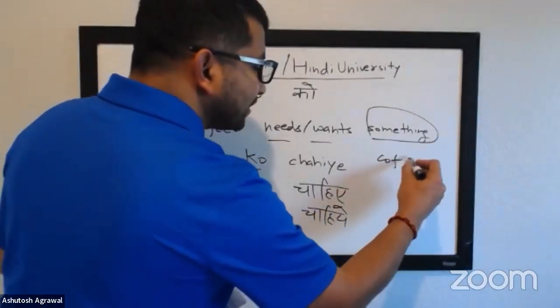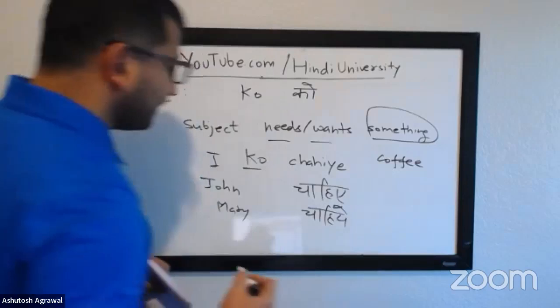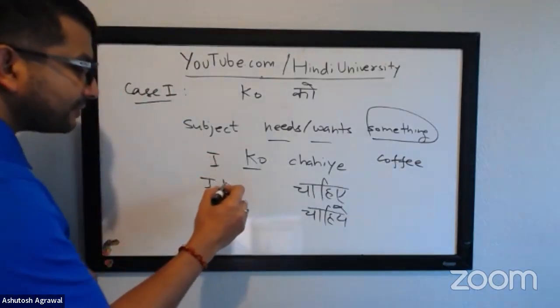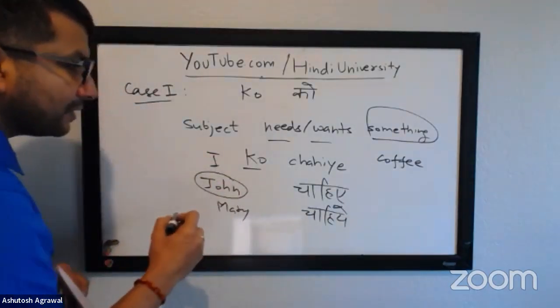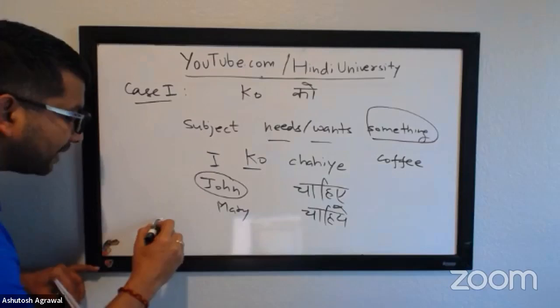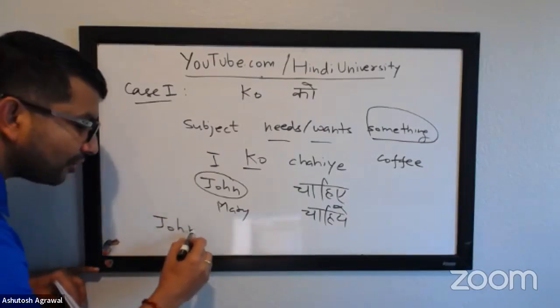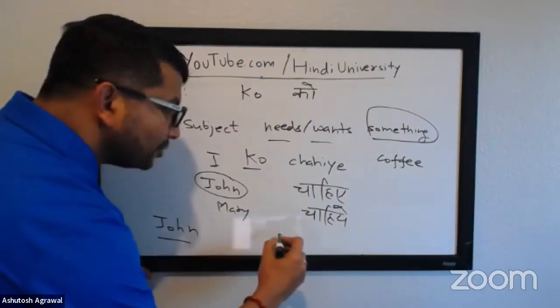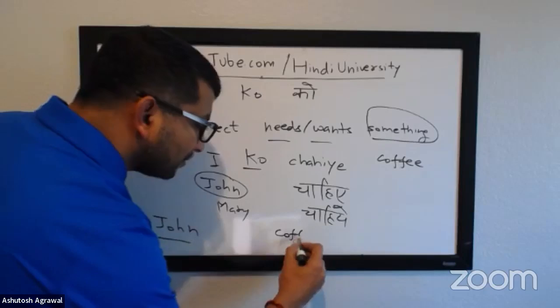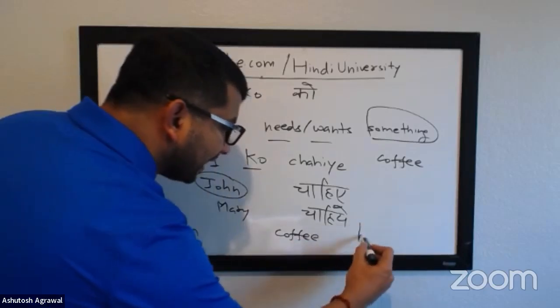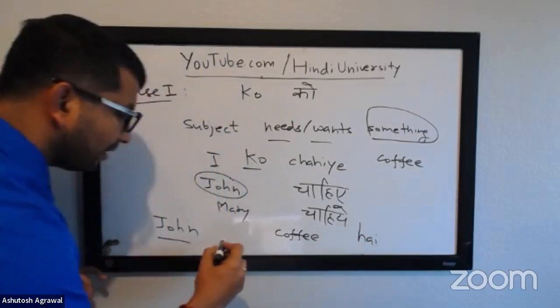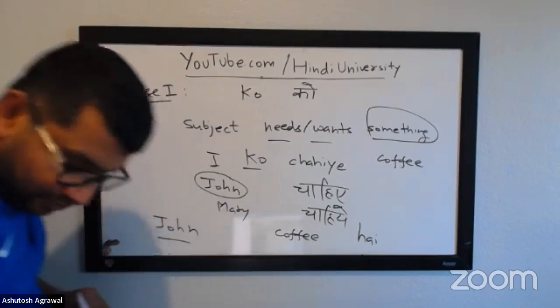Let's say the subject wants a coffee. If your subject is John, the pattern becomes John, coffee, and then you have wants and needs.